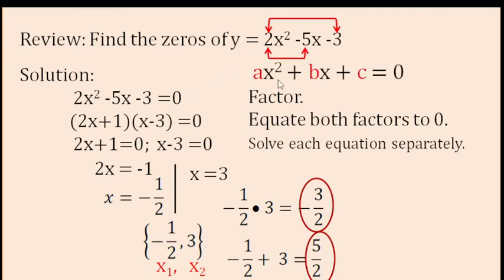So, in a quadratic equation written in standard form, ax squared plus bx plus c equals 0, the product of the two zeros, x sub 1 and x sub 2, is just actually equal to c over a. Okay? The last term over the leading coefficient.